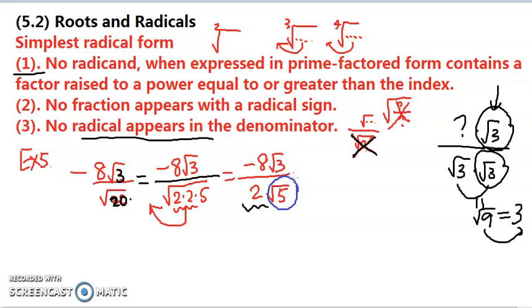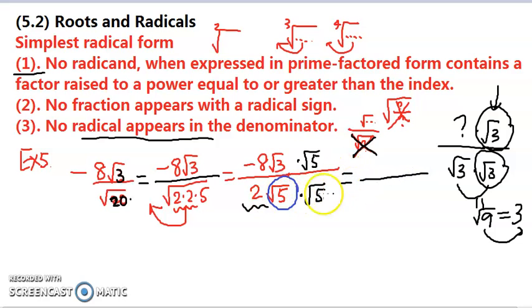Again, in order to get rid of that, you have to have 2 copies, and we only have 1. So we're going to multiply by another copy of square root of 5. By the way, we're not multiplying by 5, we're multiplying by another copy of square root of 5.